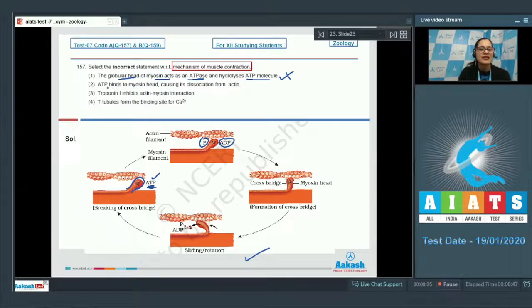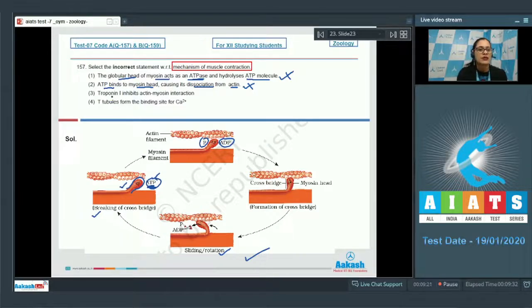The next statement is ATP binds to myosin head, causing its dissociation from actin. As it is also a correct statement, this cannot be the answer, because formation of cross bridge is followed by sliding and rotation, and this is followed by breaking of cross bridge when ATP binds to the globular head of myosin.